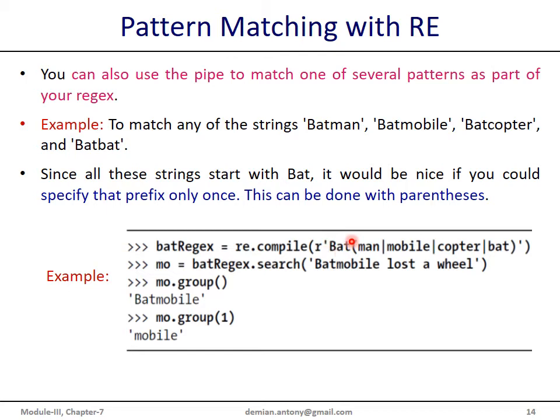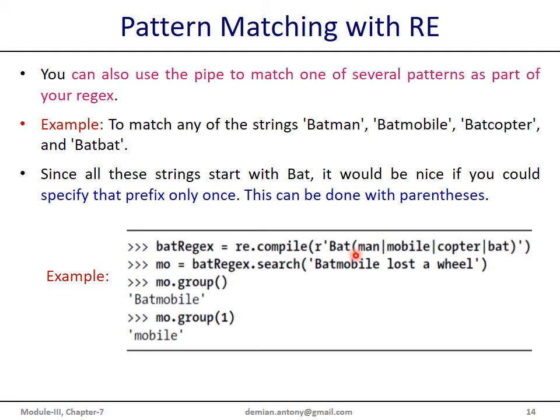Bat is a mandatory sequence pattern to be matched, followed by the group containing the optional text: man, pipe, mobile, etc. And if we extract the match for this string with the help of group, we get Batmobile as a pattern. Group returns all the groups present in the matched object, and if we retrieve only the first group, that means this is a grouping pattern.